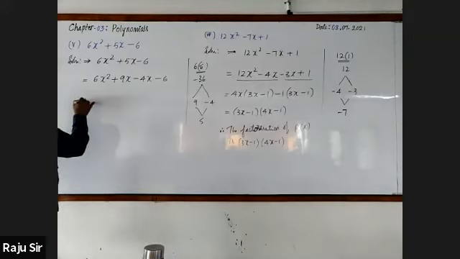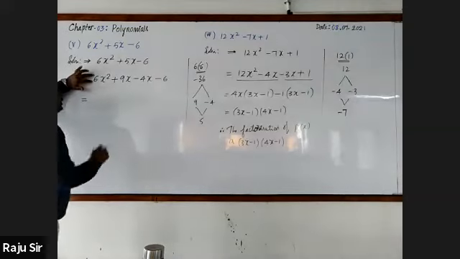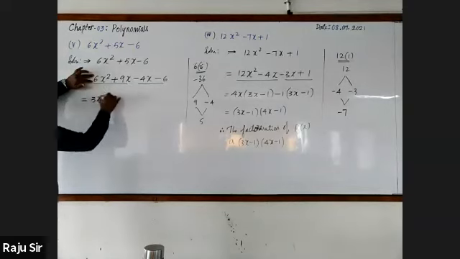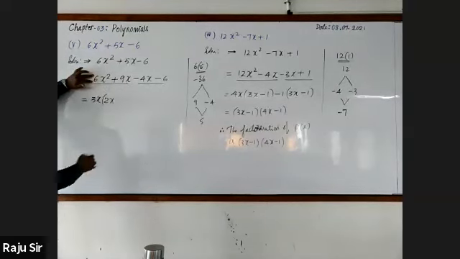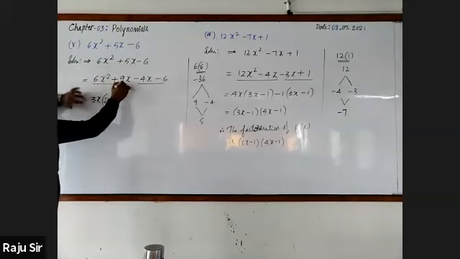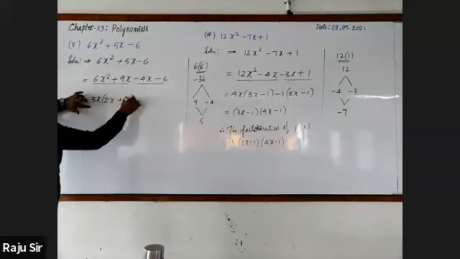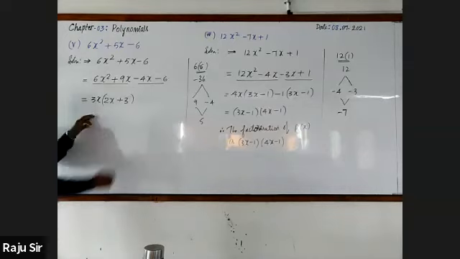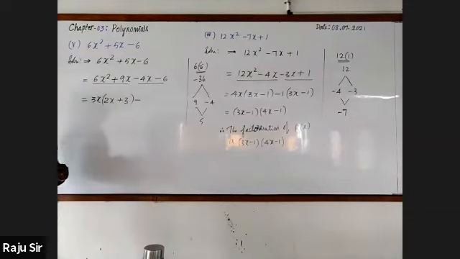Group by taking 2 terms. 3x is the common factor. 3x times x is 3x squared, then 3x into 3 is 9x.